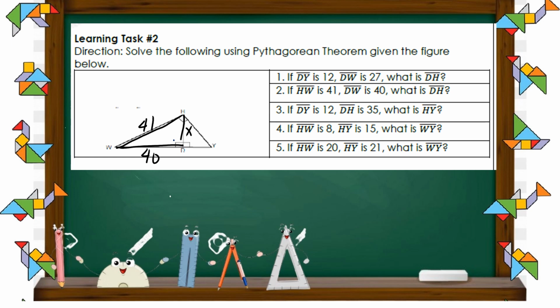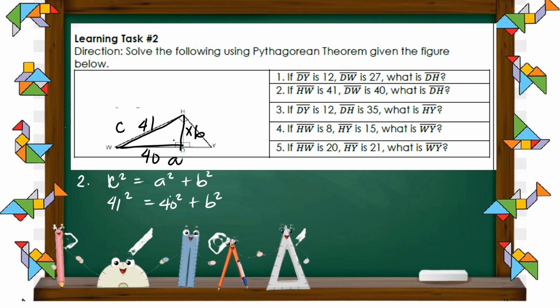We can simply use here your Pythagorean theorem. This is our value of C, this is our A, and this is our B. Our unknown here is the value of B. Again, the Pythagorean theorem is stated as C squared is equal to A squared plus B squared. We're given C, which is 41, and A, which is 40, and our unknown is B squared.